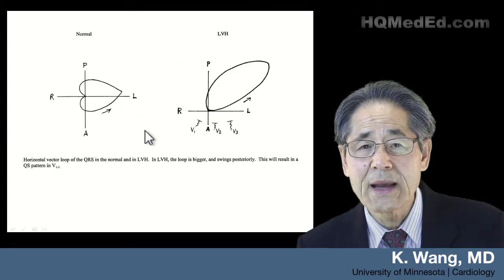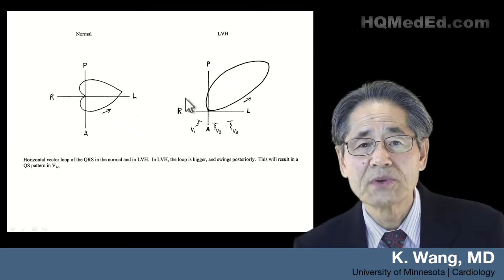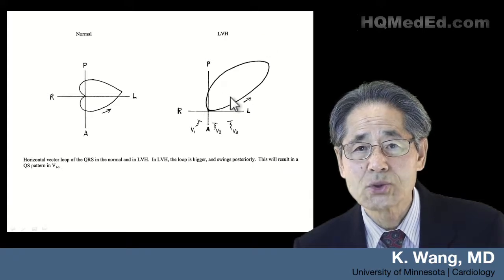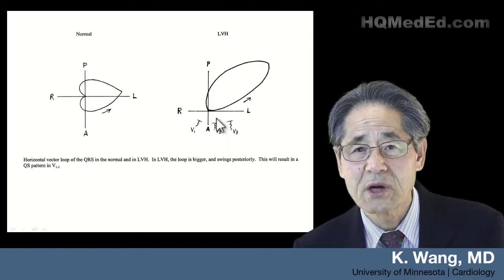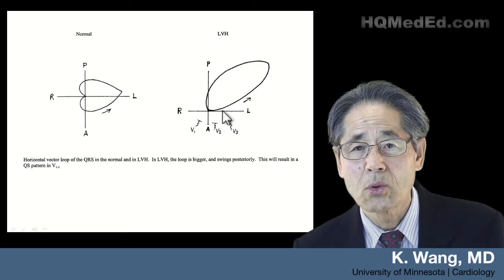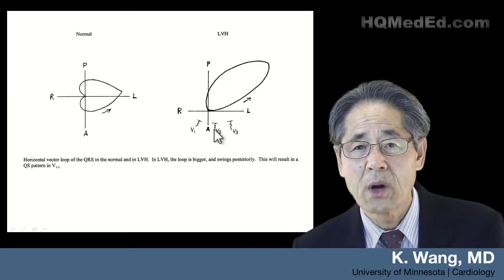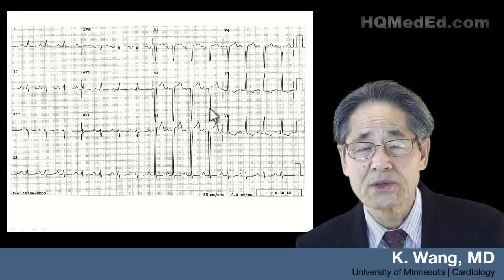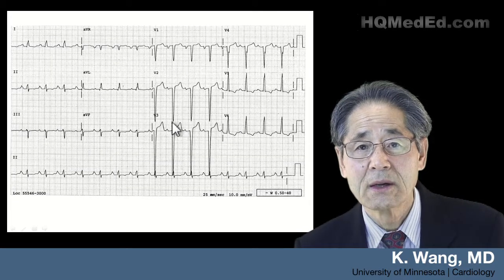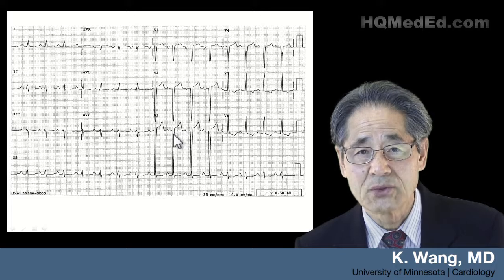With the LVH, not only the loop becomes bigger, but it swings posteriorly. So to V1 and V2 and V3, no electrical forces coming toward it, all going away from V1, 2, and 3. No wonder LVH will register QS pattern in V1, 2, and 3 normally.